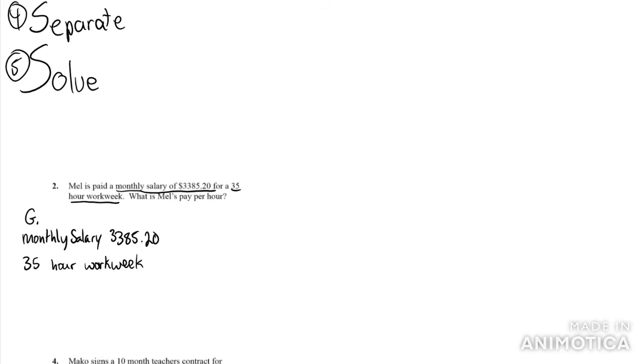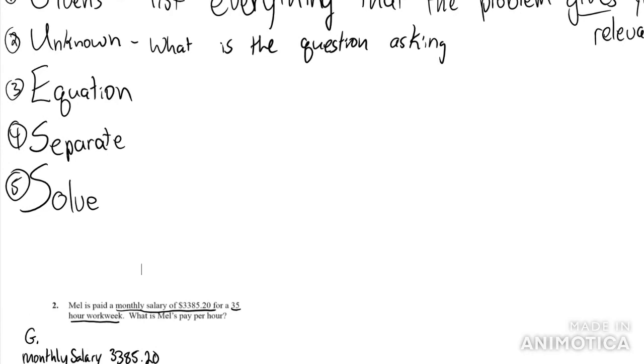That way I have reinforced in my mind what is important. My unknown is Mel's hourly pay. Now I could give it an equation, or I could give it a variable, so I can call it, say, P. In this case, it's going to be less helpful, but in other equations it might be.